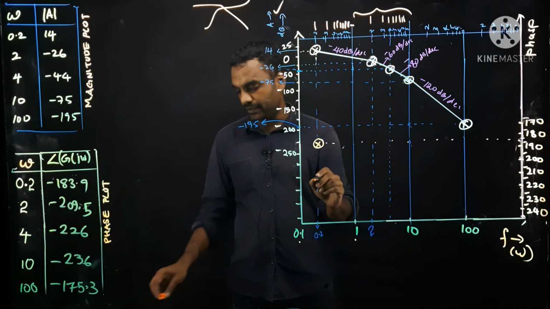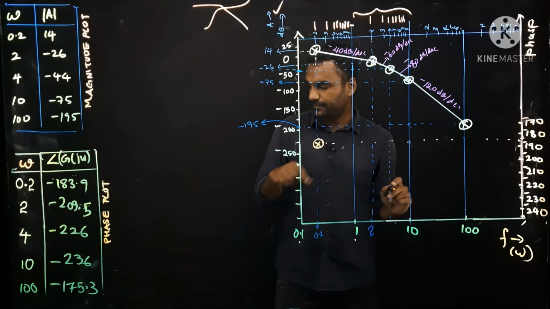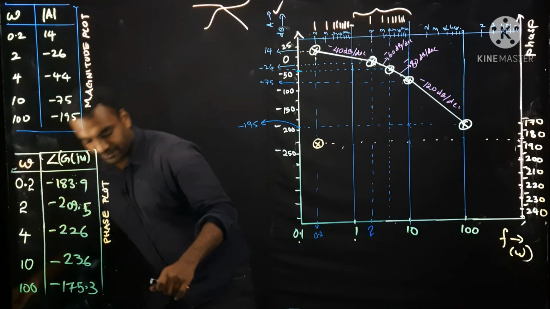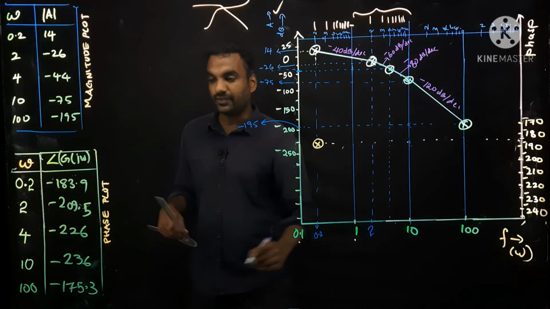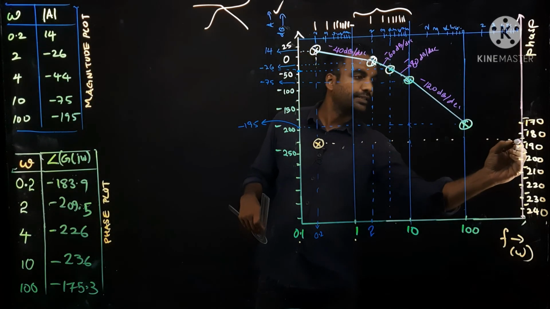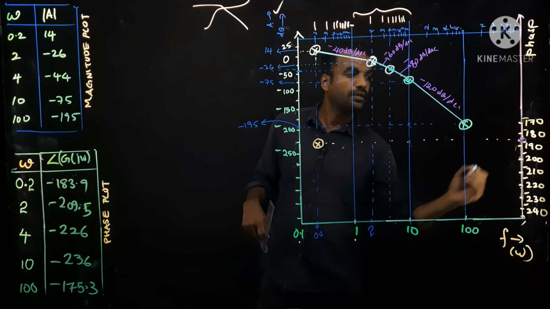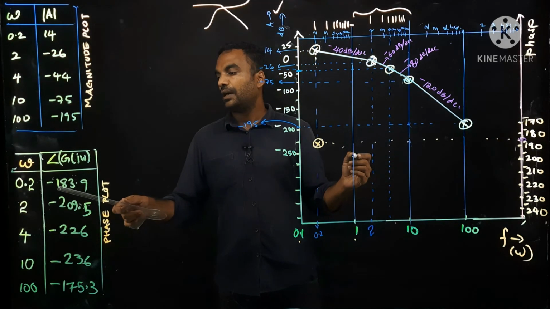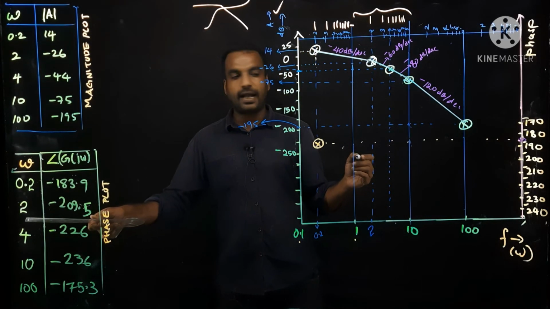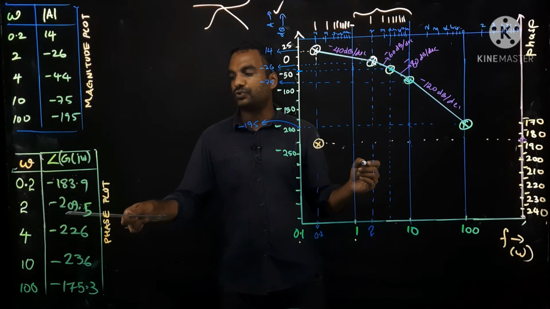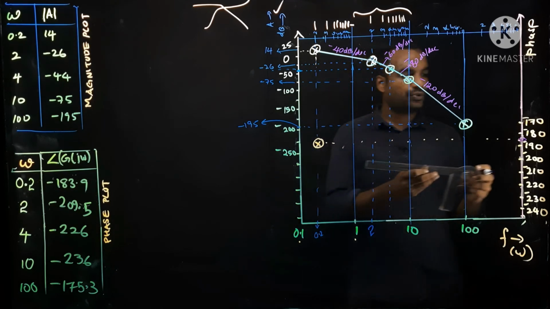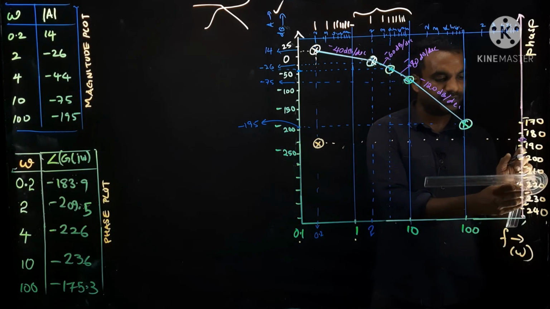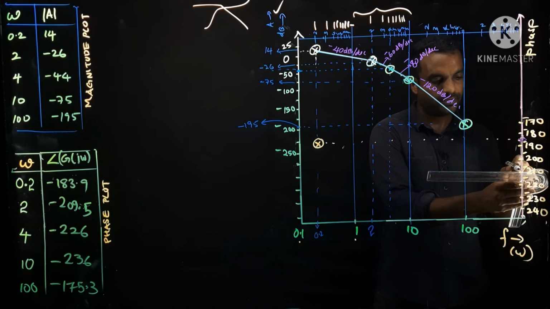This is the first point. Then I think it will be better if you use a scale for this. Okay, this is the first point. And the second point is at 2, where it is minus 209.5, which is very close to 210.